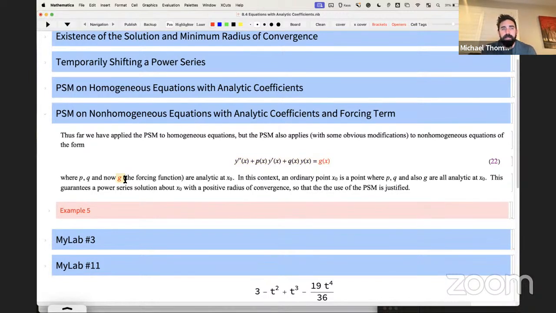Now in this context, we adopt the definition that when we say an ordinary point, we mean that P, Q, and G have to be analytic at x0. This guarantees a power series solution about x0, which is usually 0. So that justifies the use of the power series method.